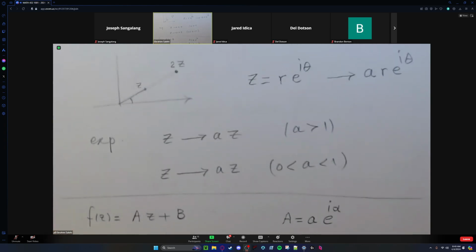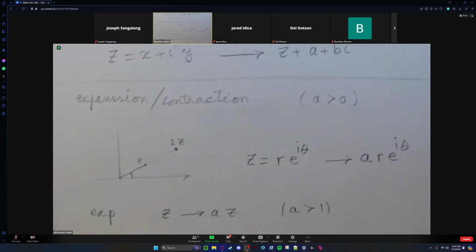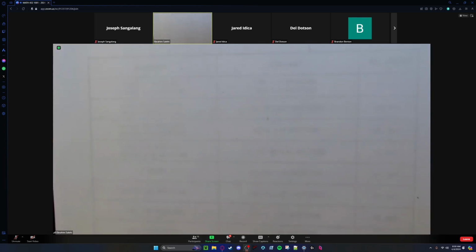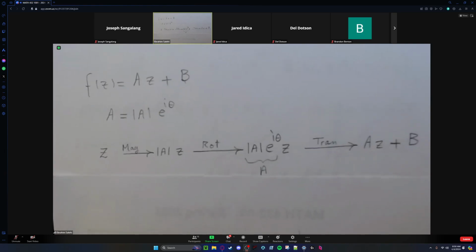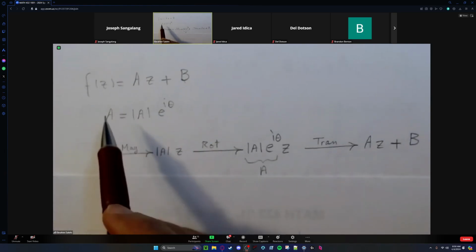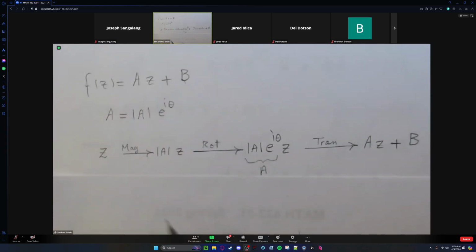All right, let's have one little example here. Please understand these 3 motions. So whenever you have a linear function or mapping, right now we are dealing with the concept of mapping.